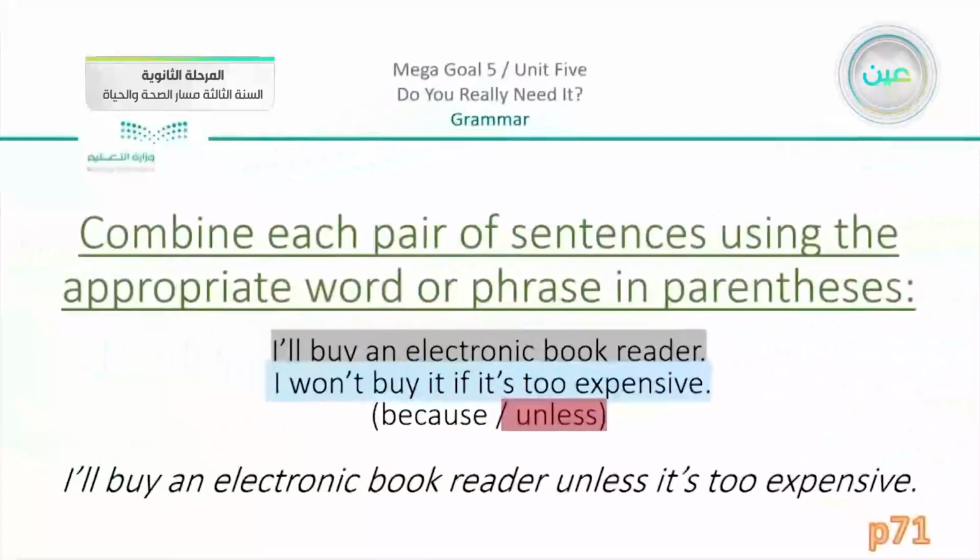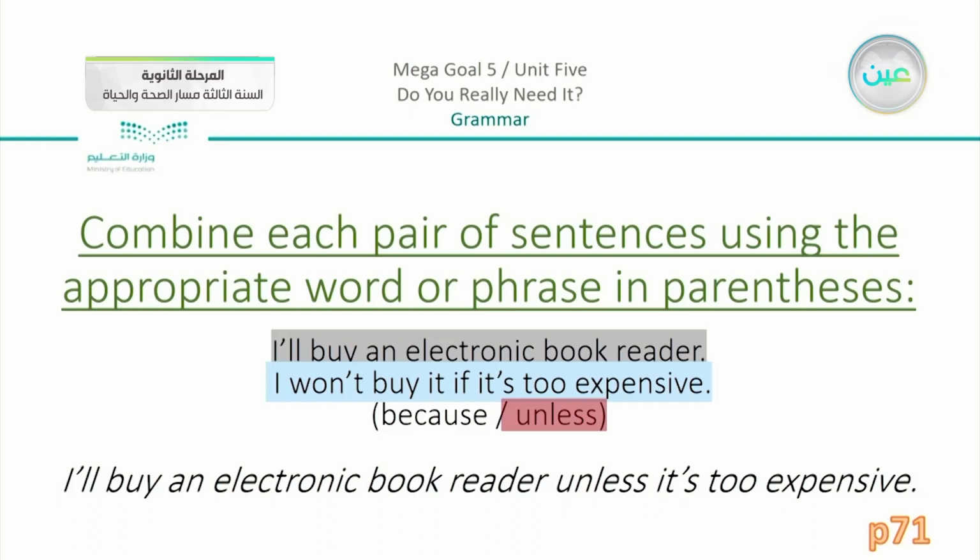Moving on with our third exercise, which is on page number 71, we do have here, combine each pair of sentences using the appropriate word or phrase in the parentheses. Now we can see that this is just an example. We have here, I'll buy an electronic book reader, and the other sentence, I won't buy it if it's too expensive.